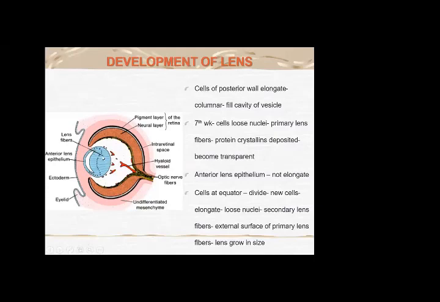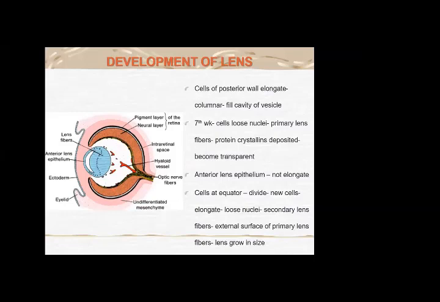So what happens is, the epithelium of the posterior wall, which was cuboidal earlier, begins to elongate here, and gradually begins to fill the cavity of the lens vesicle.